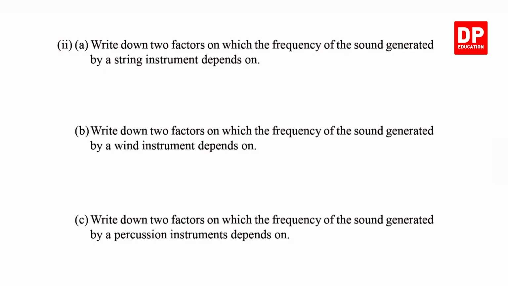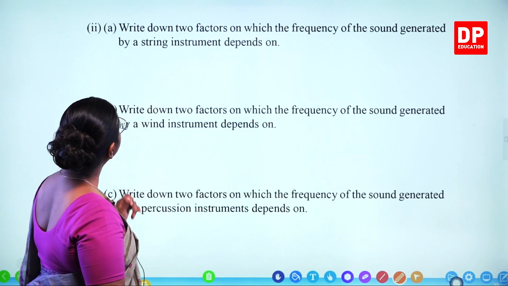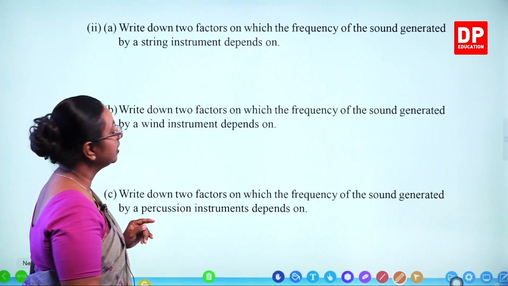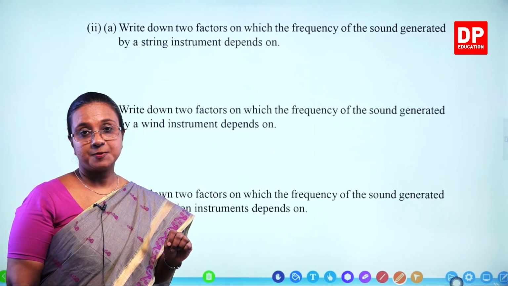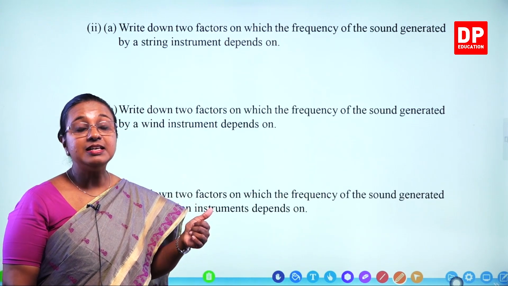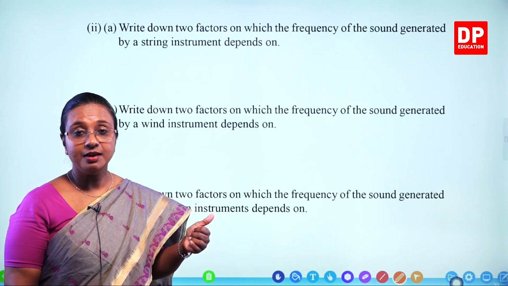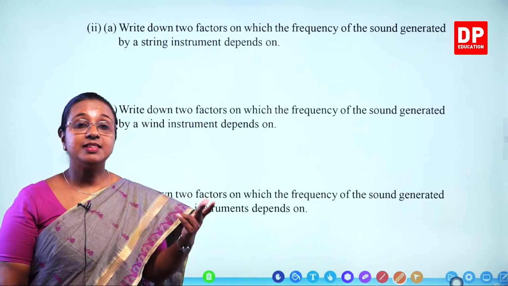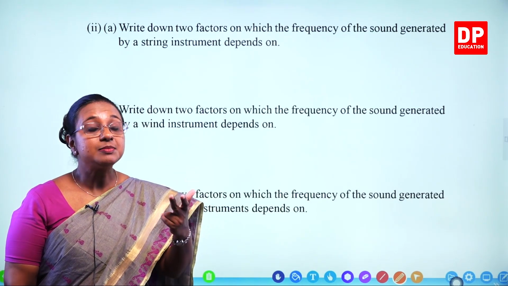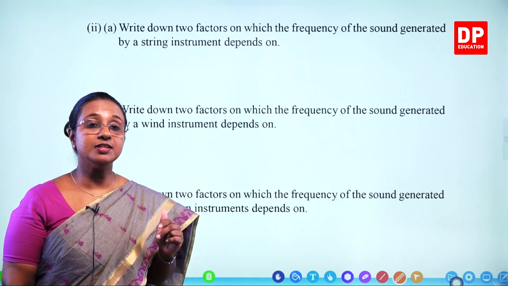Write down two factors on which the frequency of the sound generated by a string instrument depends. You all know there are three factors. One is the length of the string, the other one is the tension of the string, and the third one is the mass per unit length of the string.